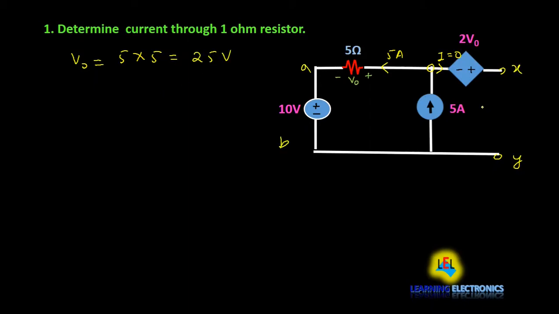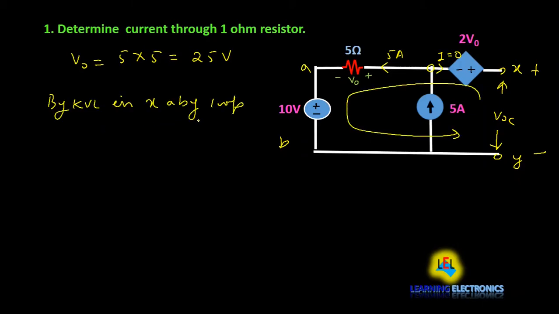Now next step is to find out the open circuit voltage VOC across these open terminals. Now let us apply KVL in this loop. By KVL in this loop, we will get VOC minus 2V0, then minus V0 minus 10 is equal to 0. From this equation we get VOC is equal to 10 plus 3V0.